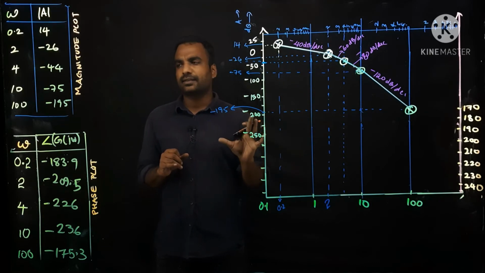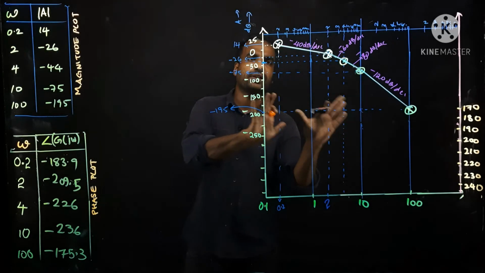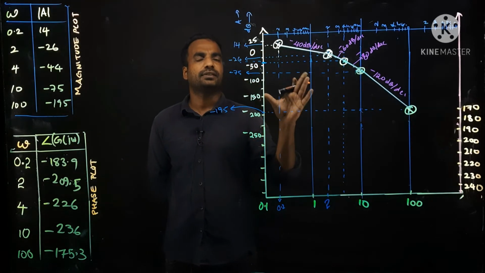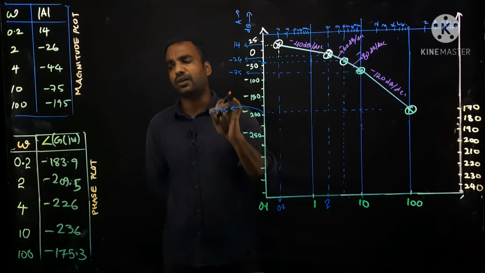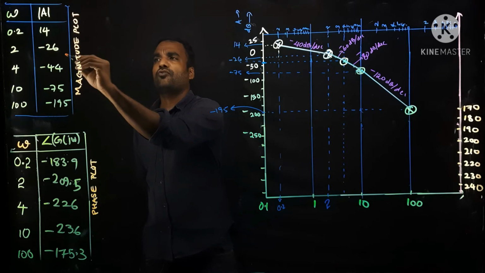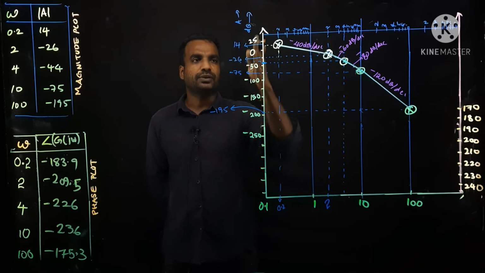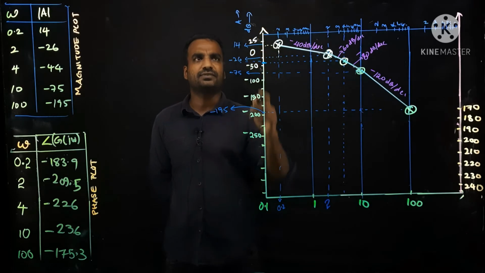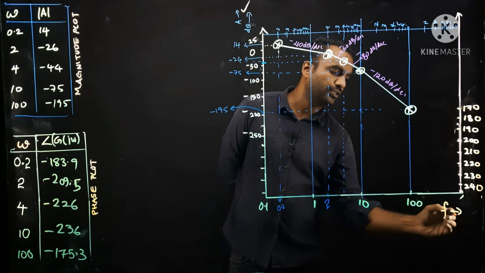What we did in the previous class is already presented here, that is, the magnitude plot is already completed here. If you have any doubt regarding the drawing of the magnitude plot, please refer to the previous class. For the magnitude plot, on the x-axis we are taking the gain, and on the y-axis we are taking frequency or omega.